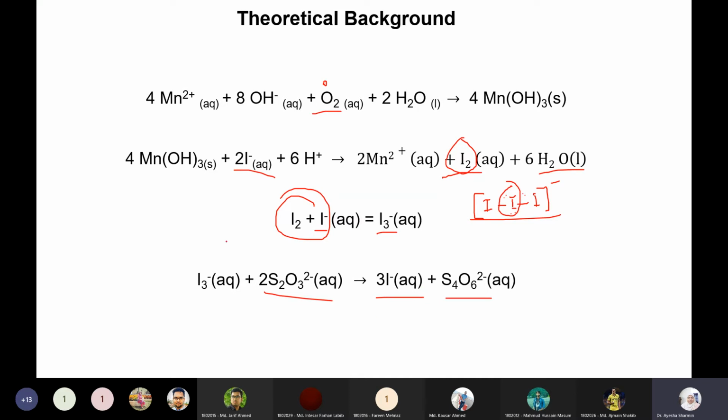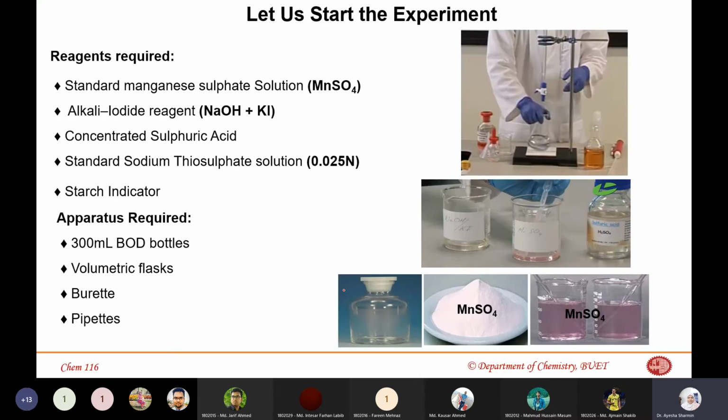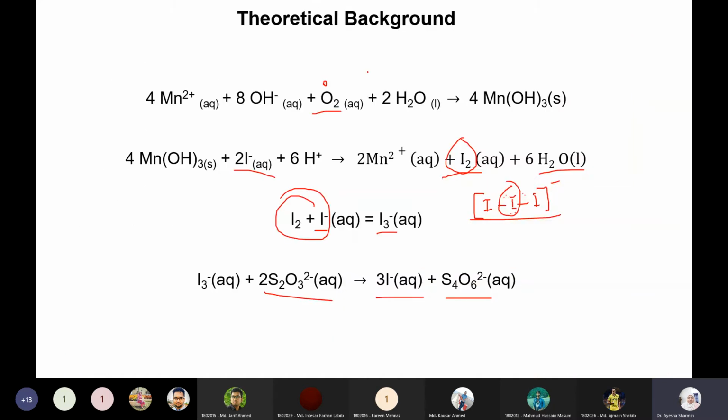Now, 1 mole of I3 minus, that means 1 mole of iodine, reacts with 2 moles of thiosulfate. So we can get a stoichiometric relation from those reactions, like how many moles of oxygen is reacting here, and that is equivalent to how many moles of iodine is formed.